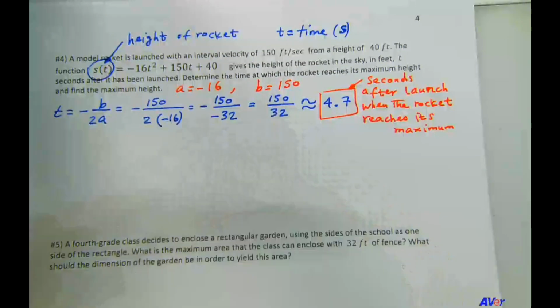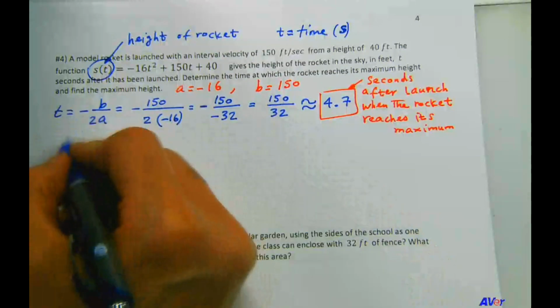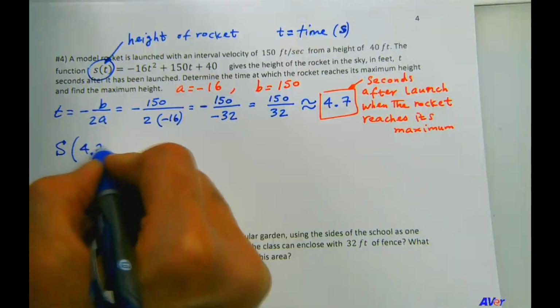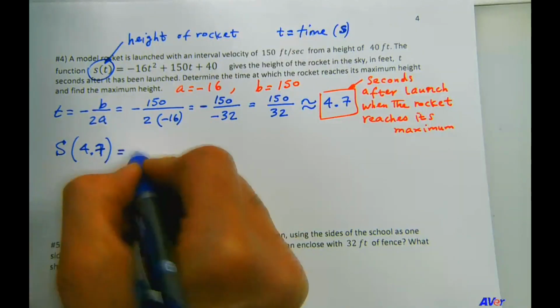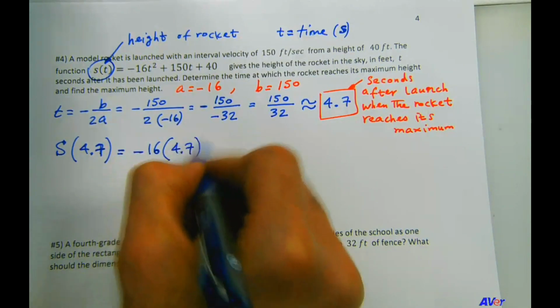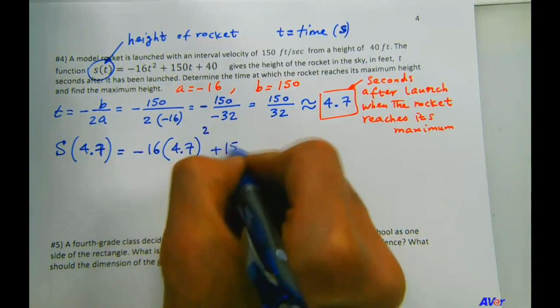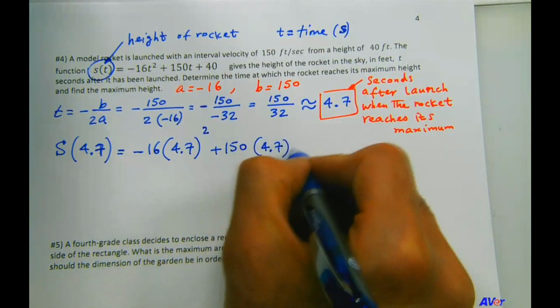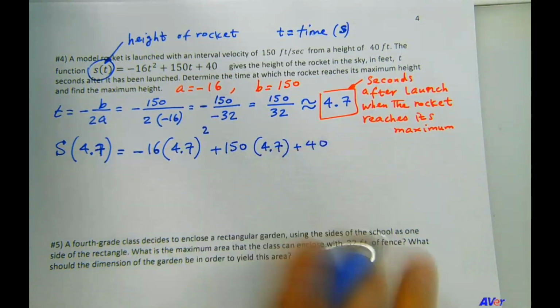calculate the maximum height. So the height at 4.7 seconds is equal to minus 16 times 4.7 squared plus 150 times 4.7 plus 40.